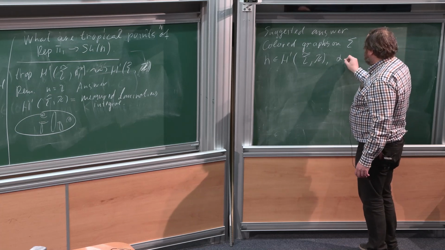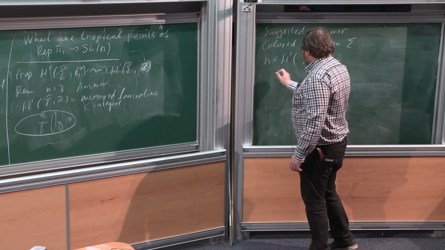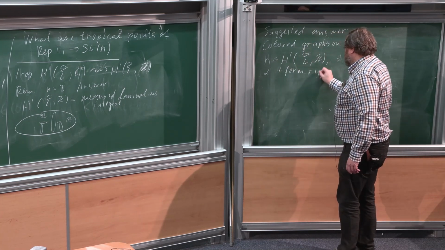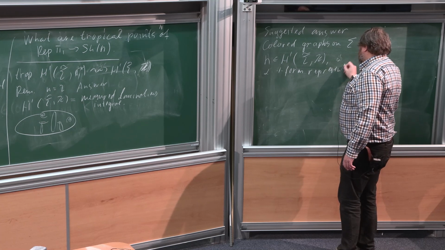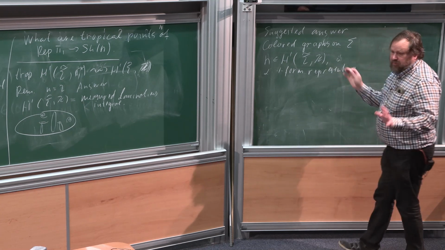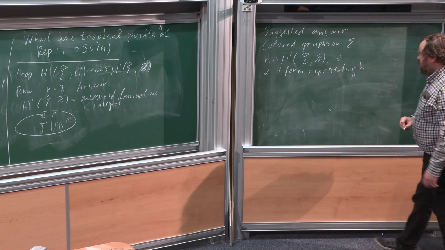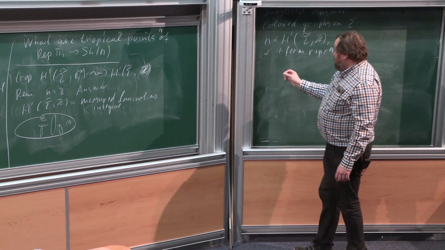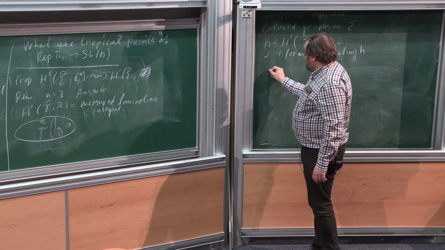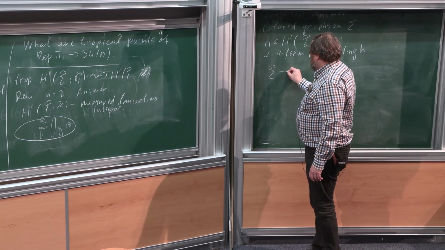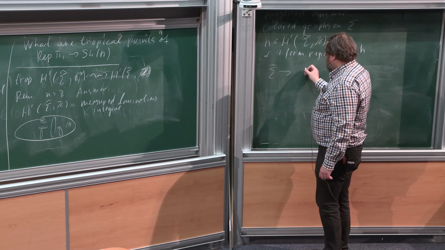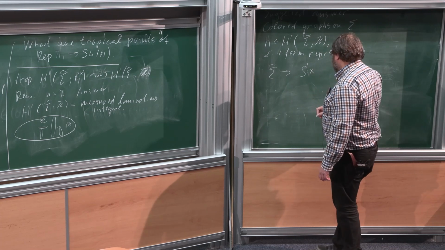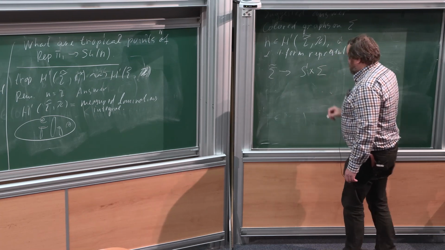So alpha will be a generic one form representing H. And then you can define a map from sigma tilde to S1 cross sigma.